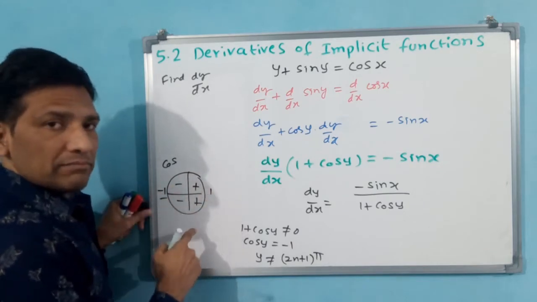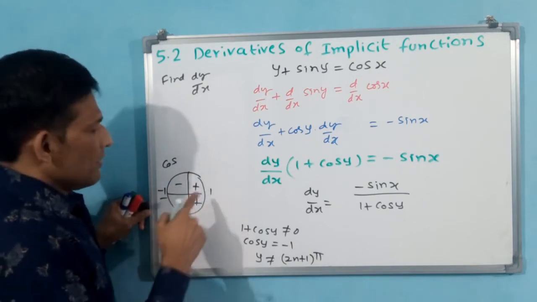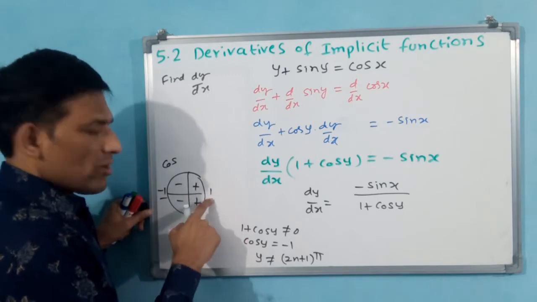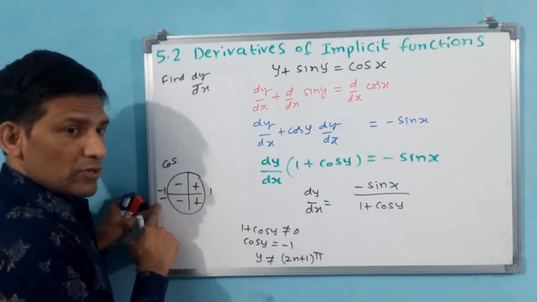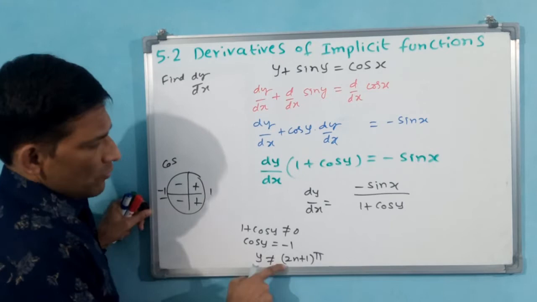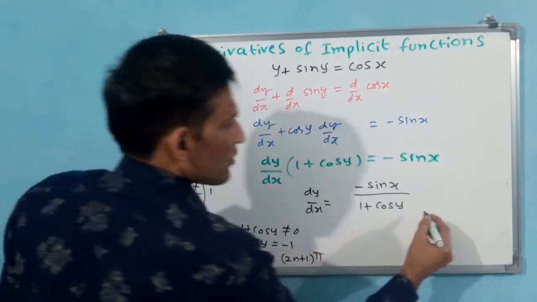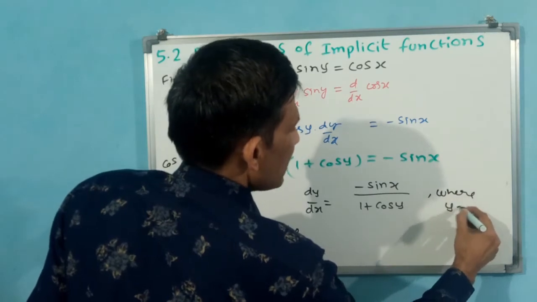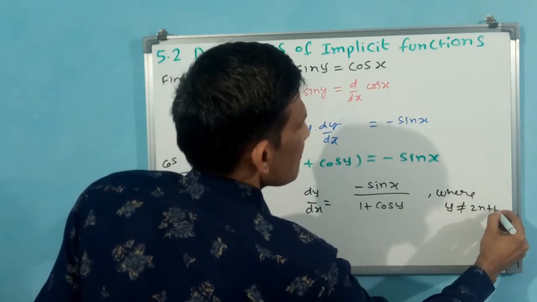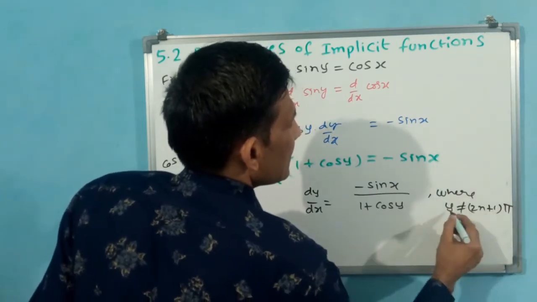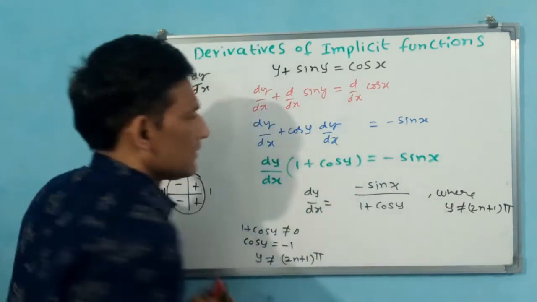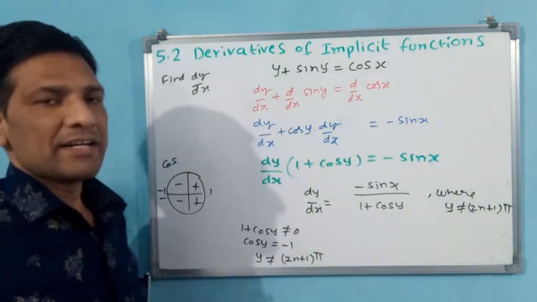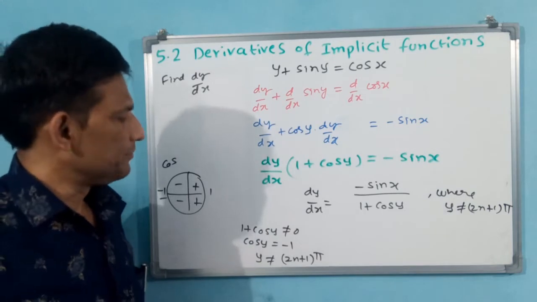Both are going to become n pi. But this is 2n pi, here okay, 1. But here minus 1, this should not be there: (2n plus 1) pi. That means you have to write here that y should not become (2n plus 1) pi. Like that you write and close. Okay?